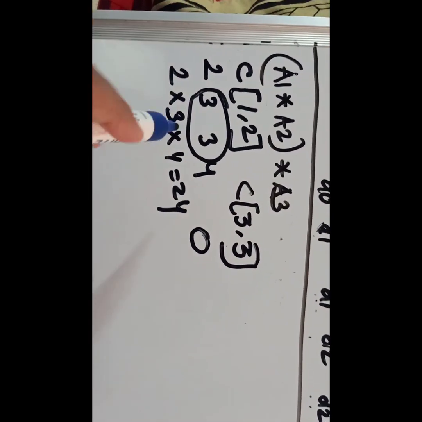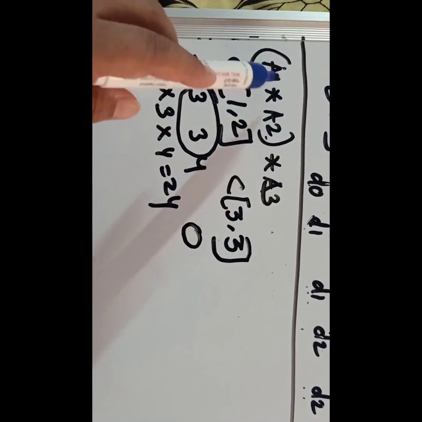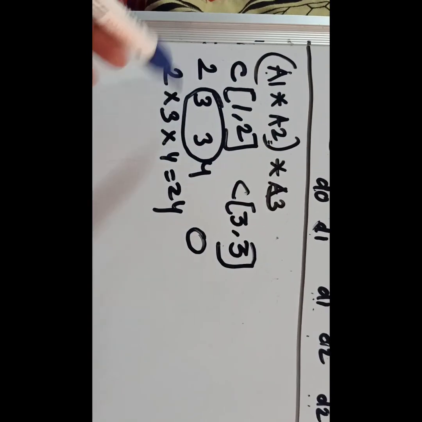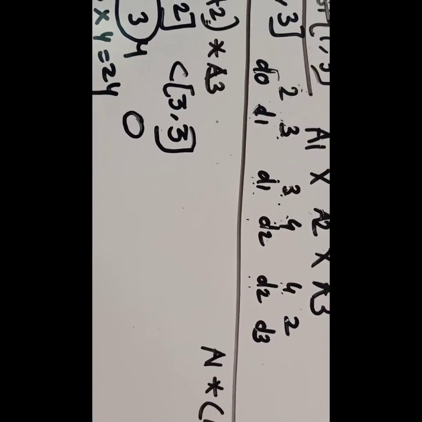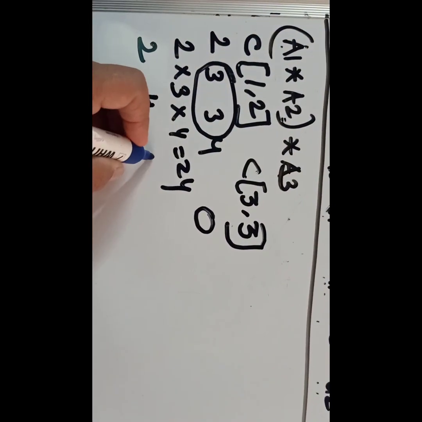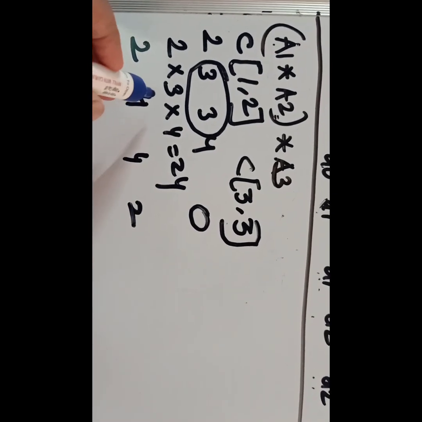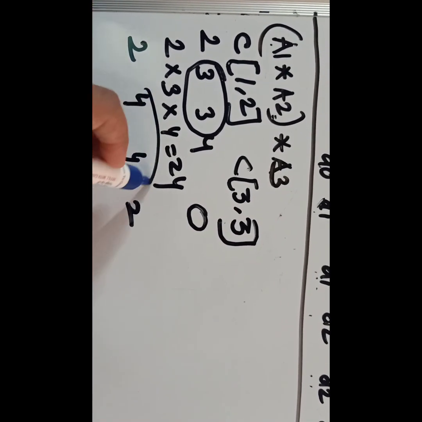Right. Now the resultant of this matrix, it will be of order 2, 4. So we'll write 2, 4 and A3. The A3 dimensions are 4, 2. So again 4 is common here, right?